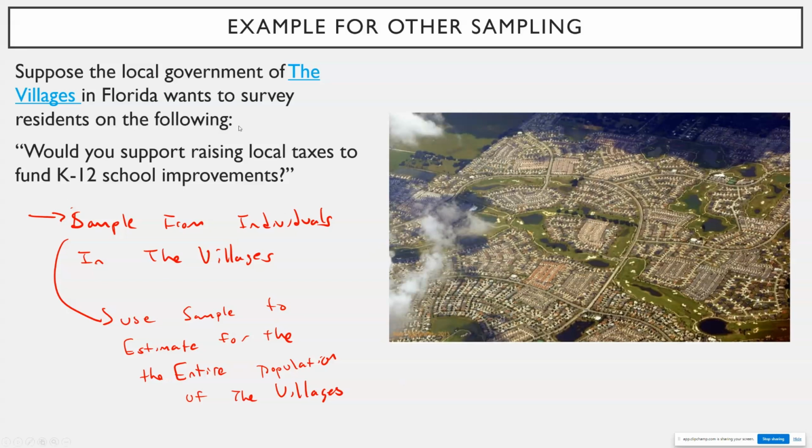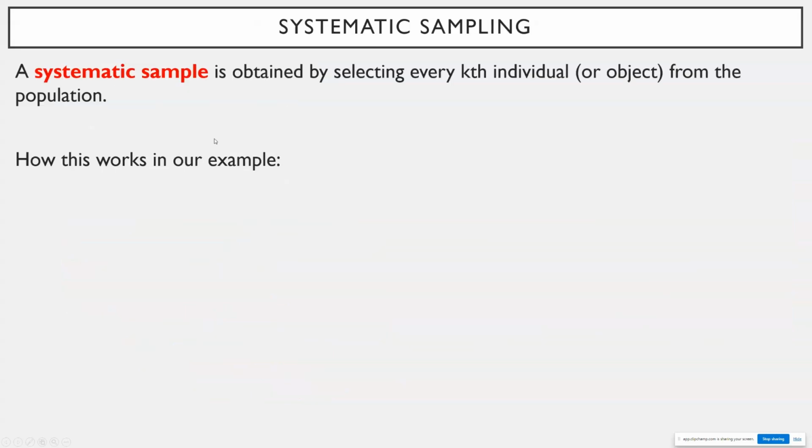So let's talk about systematic sampling first. A systematic sample is obtained by selecting every kth individual or object from a population. Imagine you had all the individuals lined up. I know it seems silly, but every single person who lives in this community is lined up. Here's the first person, here's the second, all the way down to, I don't know how many people actually live in the Villages, but let's say it's 100,000.